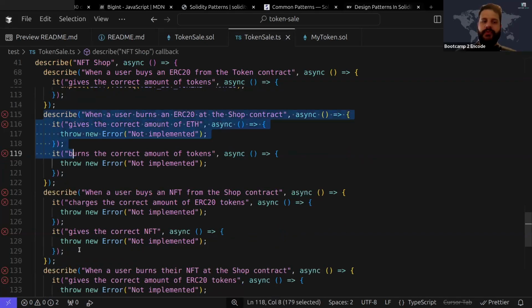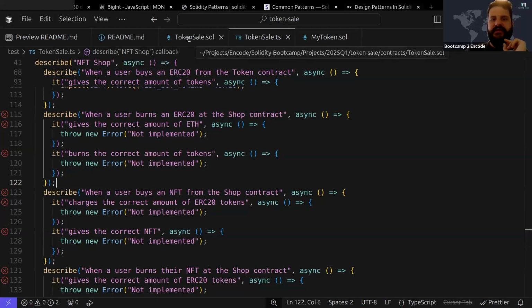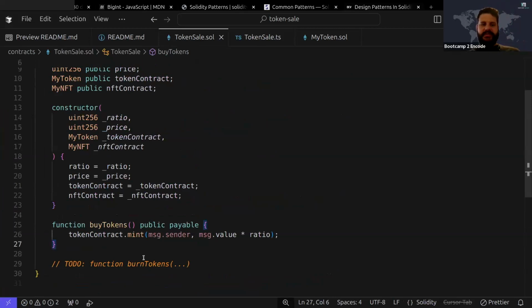I'm going to do one of these two scenarios in the next 10 minutes or so to exemplify ERC20 transactions, because they are a bit different from normal ETH transactions. For example, when a user burns an ERC20 at the shop contract, when someone calls this burn tokens function, the transaction is going to be a bit different.